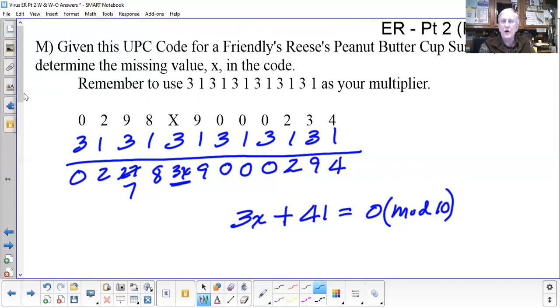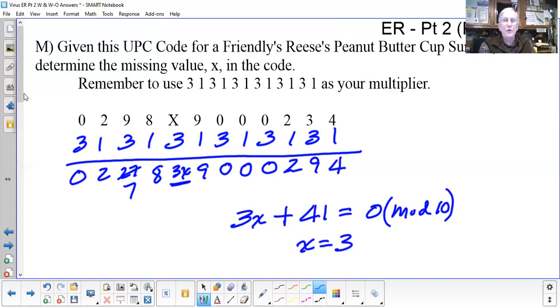Well, I think you can all see that 3 times 3 has to be what? 9, right? 41 increased by 9 would make it a 50, which is 0 mod 10. So in this case, x would have to be equal to 3 to solve this problem. So the missing number in this Reese's Peanut Butter Cup Sundae UPC code is a 3.